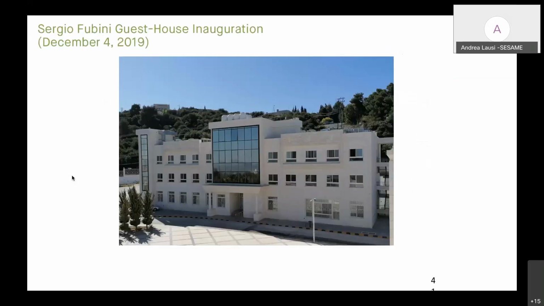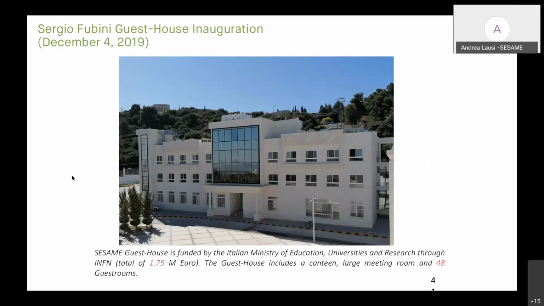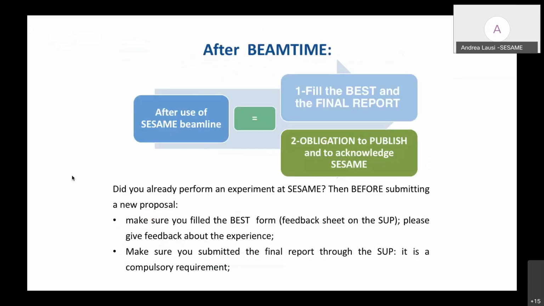And once everything is set, you will come. You will be hosted in our guest house, which is really brand new and is 50 meters away from the main entrance of SESAME, and you will do your experiment.